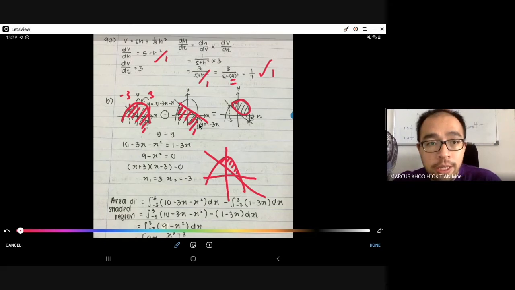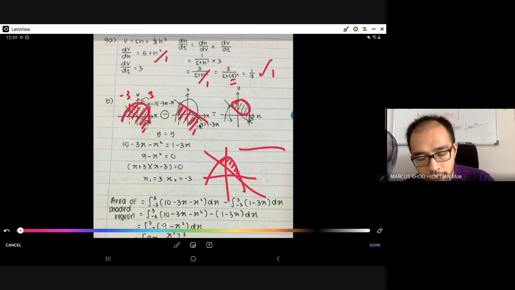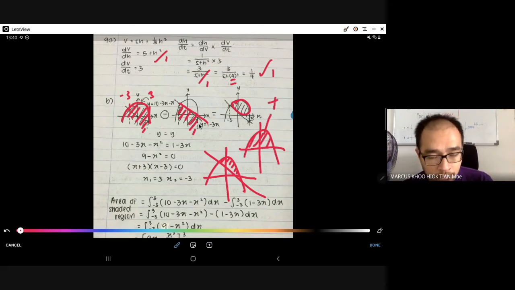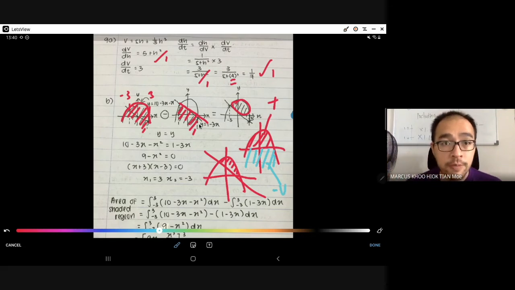So when we teach integration, I always mention that if the area is above the x-axis, then you get a positive value. But if the area is underneath the x-axis over here, then you get a negative value. And so people start to get confused by that.